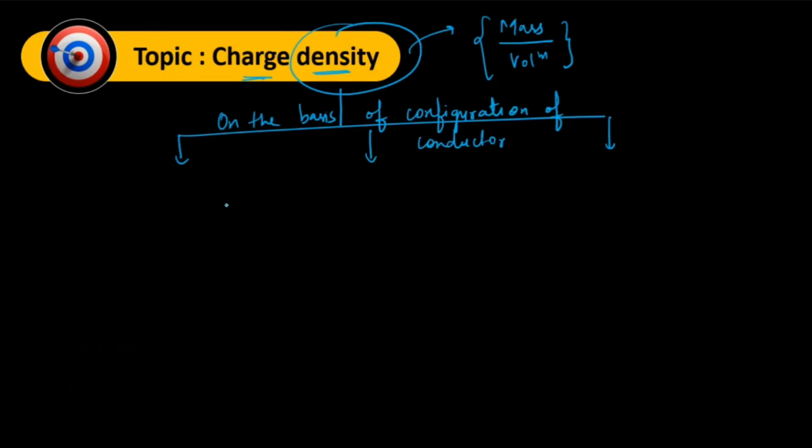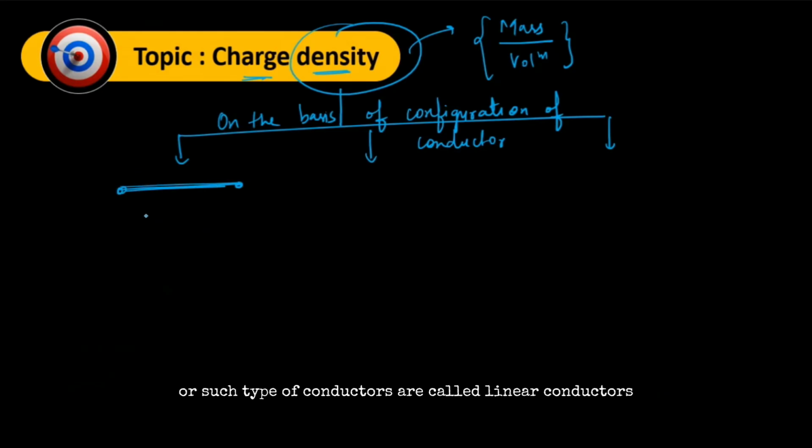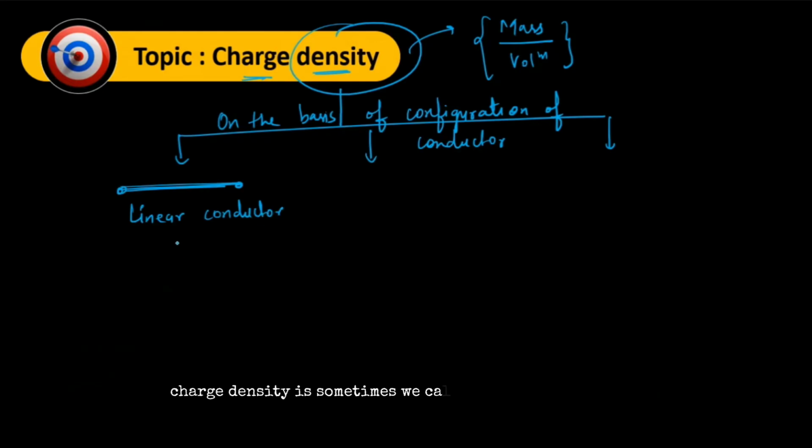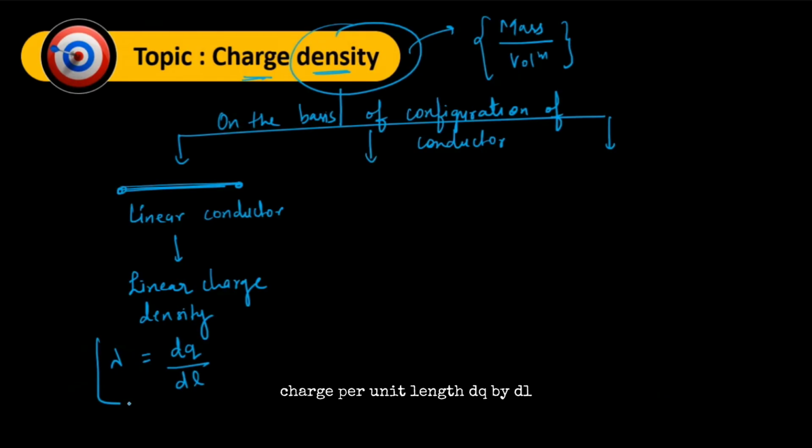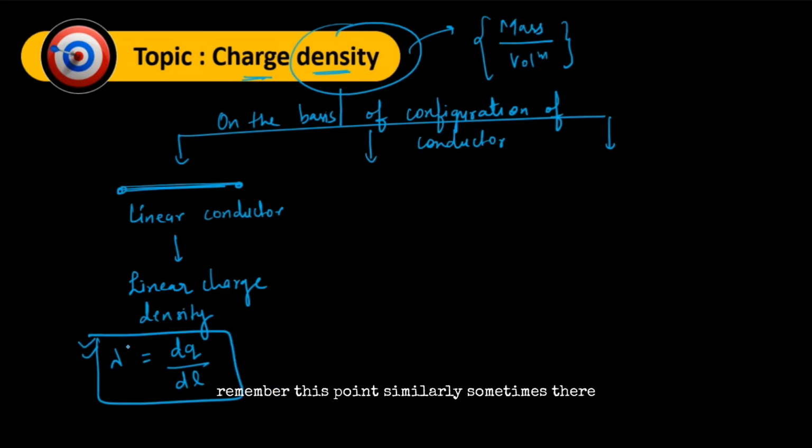For example, sometimes a conductor can be a straight line, and such conductors are called linear conductors. For these linear conductors, the charge density is called linear charge density, given by lambda, which equals charge per unit length, dq by dl. Remember this point.